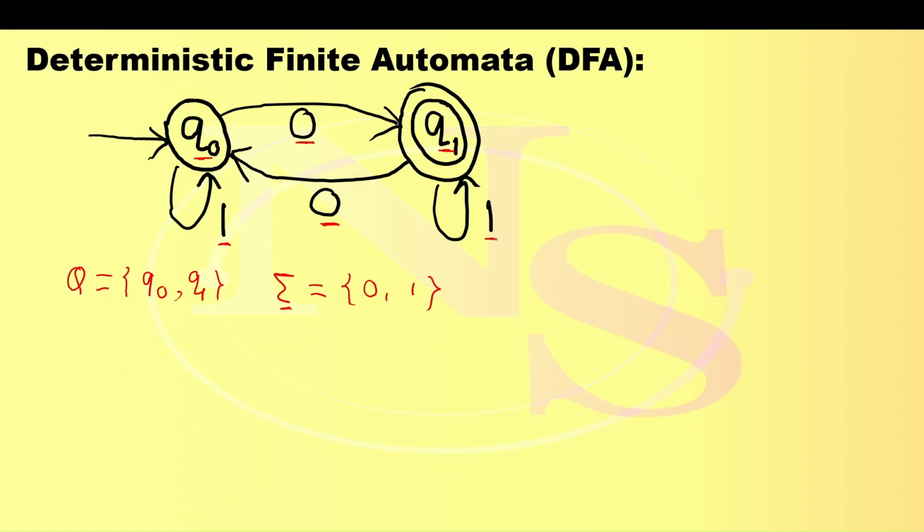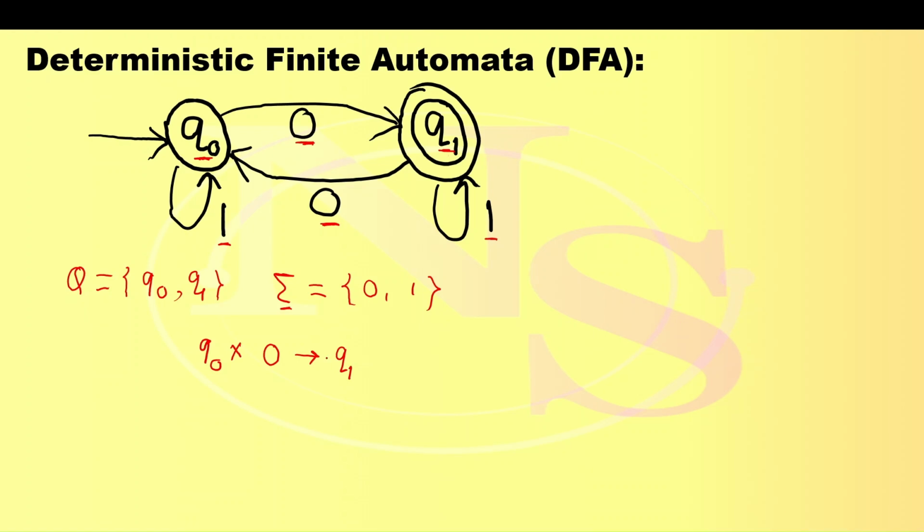Now how can we define this? For example, here Q0 is reading 0, going to Q1. So I can write it like this: Q0 reading 0 going to Q1. I am just using this notation.